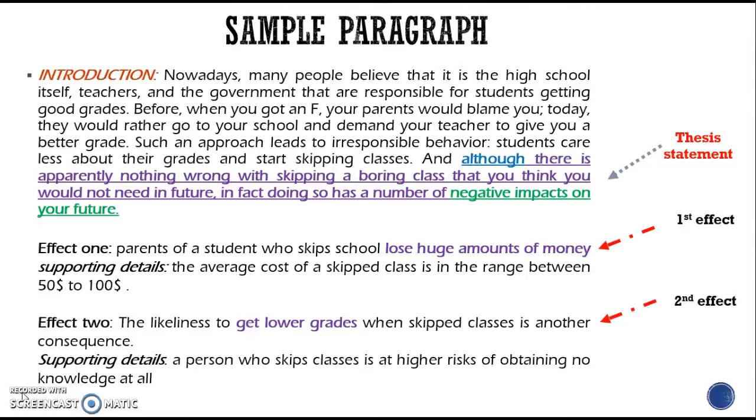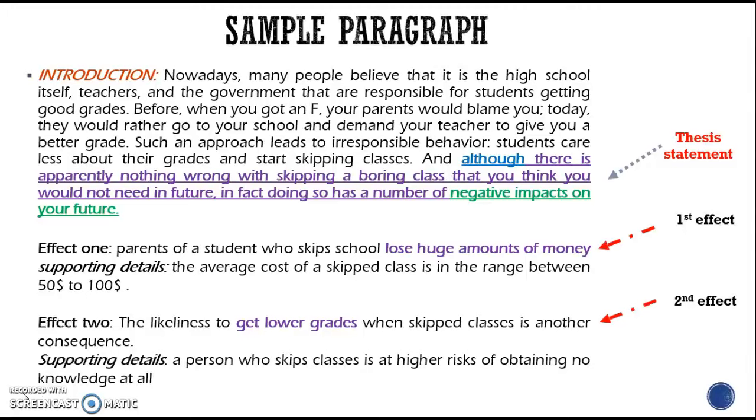Today, they would rather go to your school and demand your teacher to give you a better grade. Such an approach leads to irresponsible behavior. Students care less about their grades and start skipping classes. And although there is apparently nothing wrong with skipping a boring class that you think you would not need in the future, in fact, doing so has a number of negative impacts on your future. As you can see, the information that is in purple is the thesis statement.